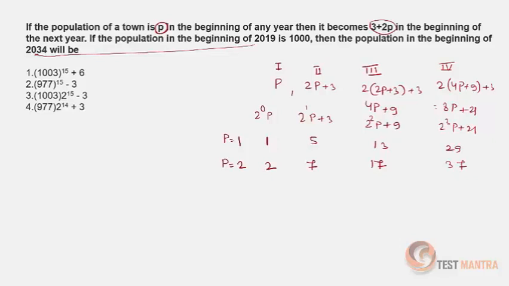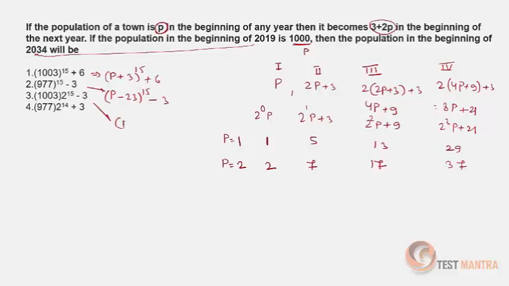Now, since here the p value is 1000, let's do one thing. Let's try to write the values in this format. It's p plus 3 raised to 15 plus 6. This value is nothing but p minus 23 raised to 15 minus 3.